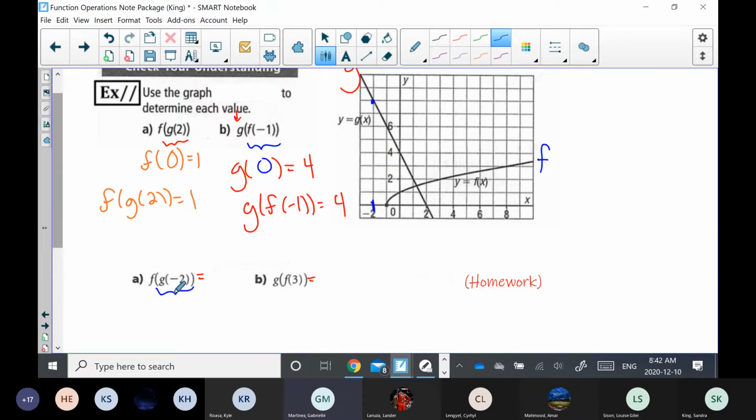Would that be 8? Yes, that would be 8. And then that gets input into your f function. So are you able to evaluate the f of 8? Here's 8. Does that point exist on your f graph? Yes, that's 3. Yes, right there. So your answer would actually be 3.